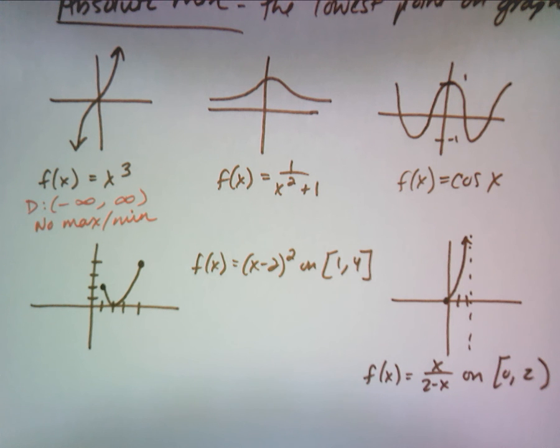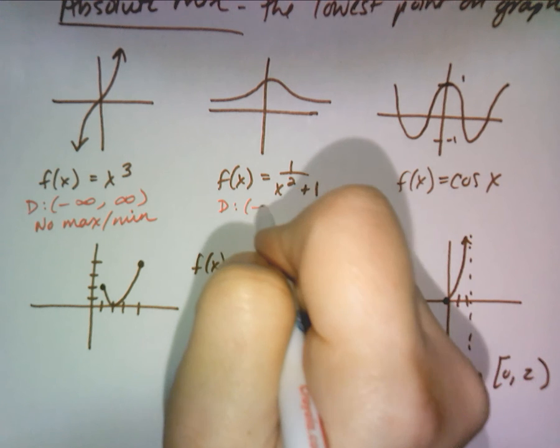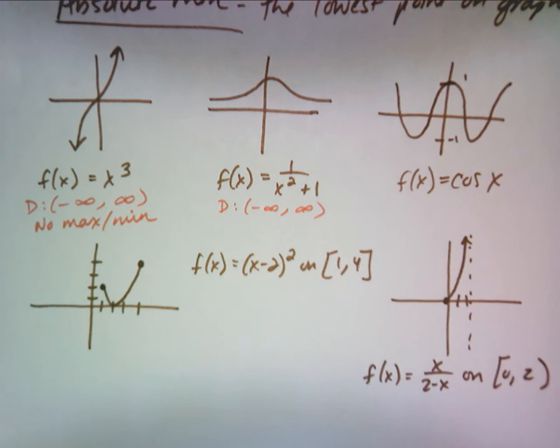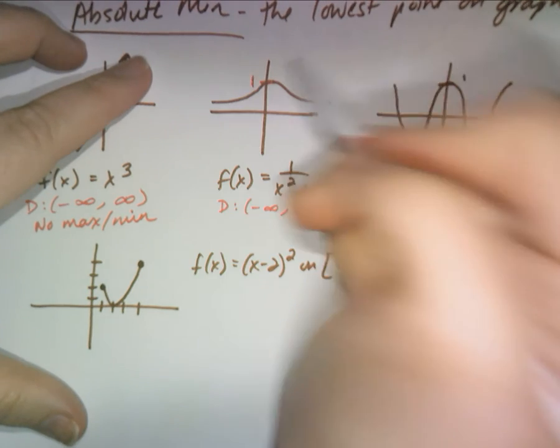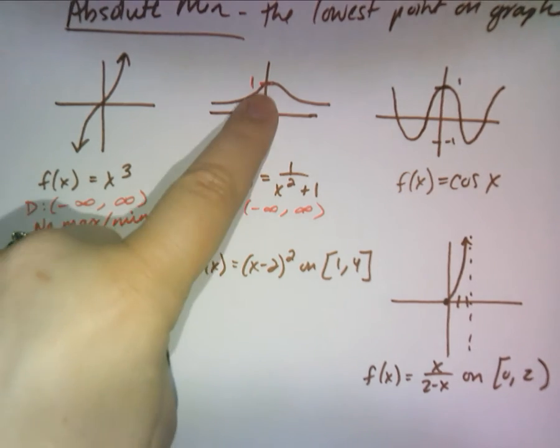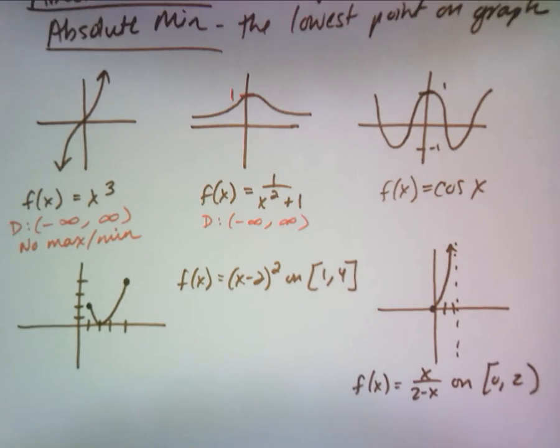Second picture, what's the domain of this picture? Again, domain means how wide is this picture getting? All reals again. But does this one have a max or a min? It does. I probably should have put a little 1. I'll put a 1 here. So what would that point be called right there? That is your max.